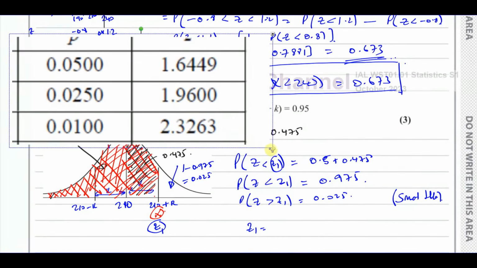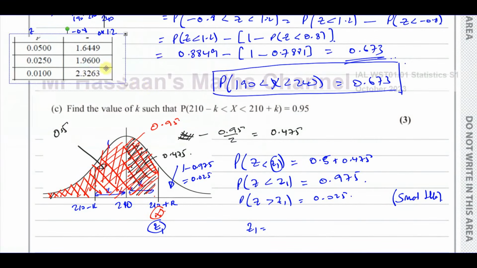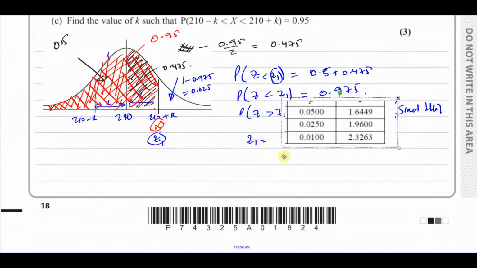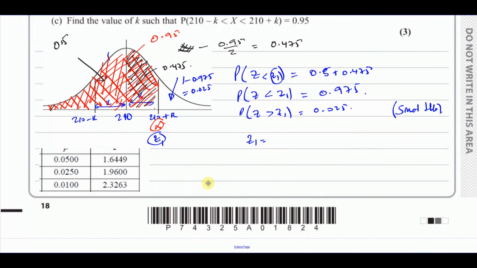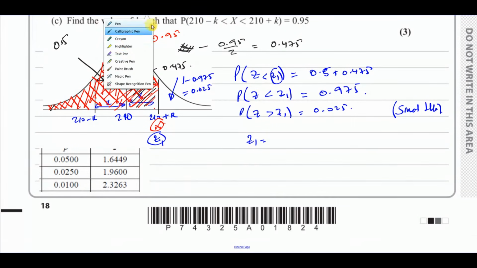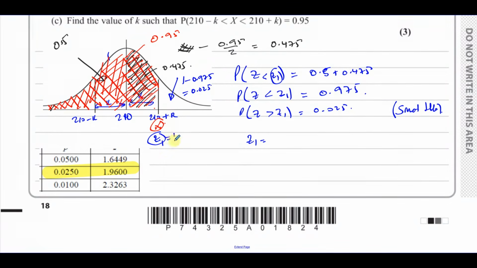So let's take this here. We can see from this that what we're looking for is this area value, and the z value that corresponds to it is 1.96. Okay, 1.96 is the z value we're looking for associated with that area.